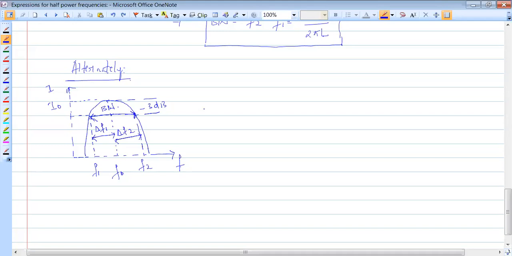Just see, if we know the bandwidth, how can we find this? Let's not take it as f1 and f2, let's say it is delta f. Just observe. Don't take down anything.